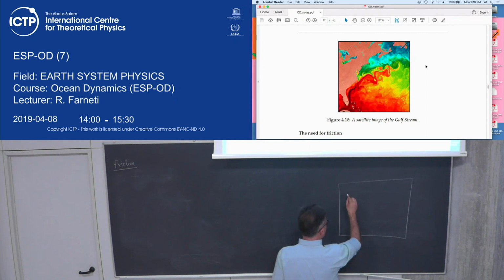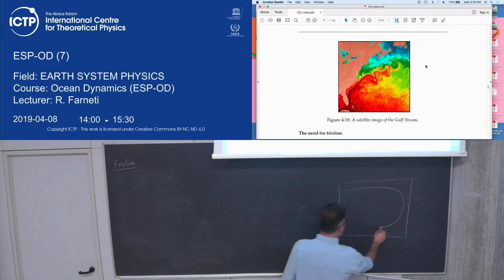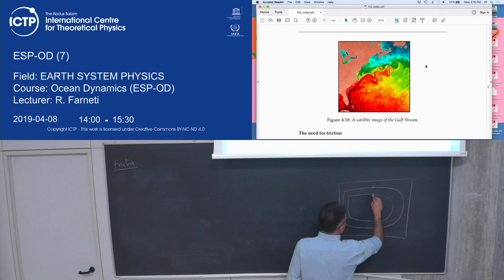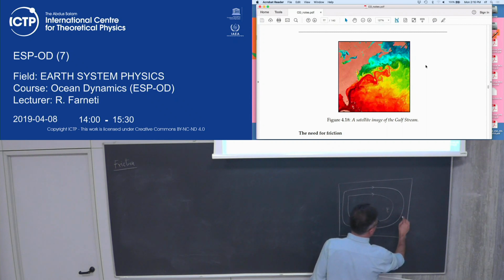So you take the simple wind-driven solution. These are streamlines, and let's say that this is psi 1 and this is psi 2.